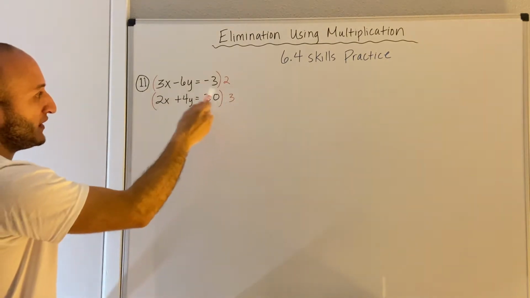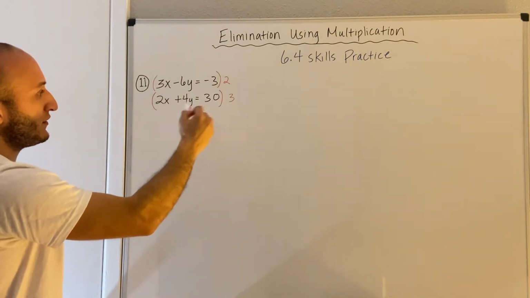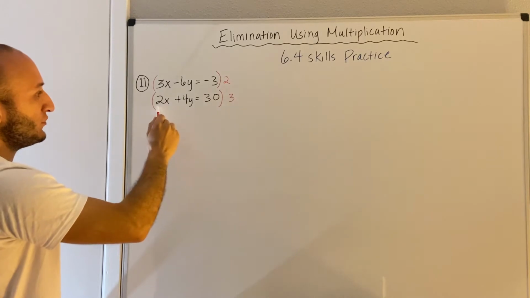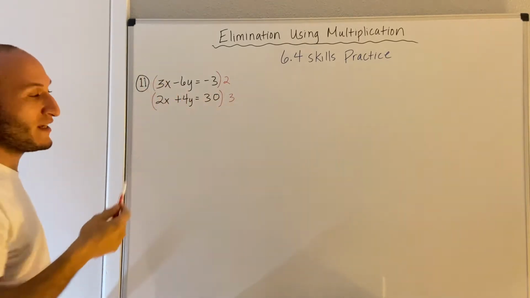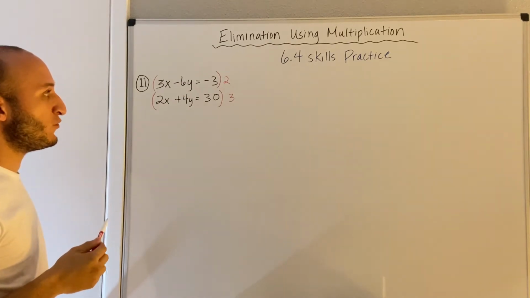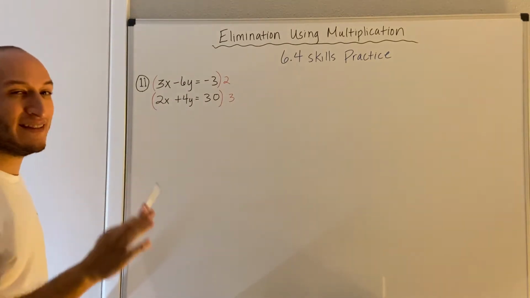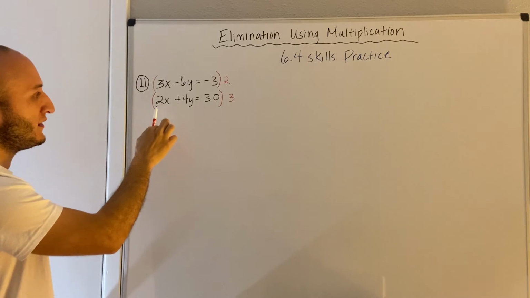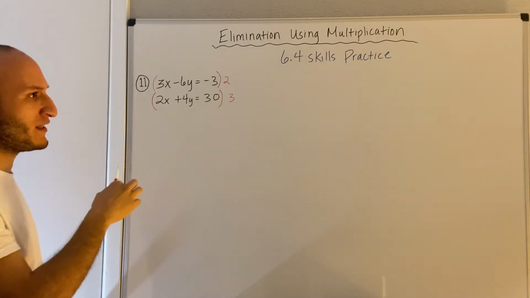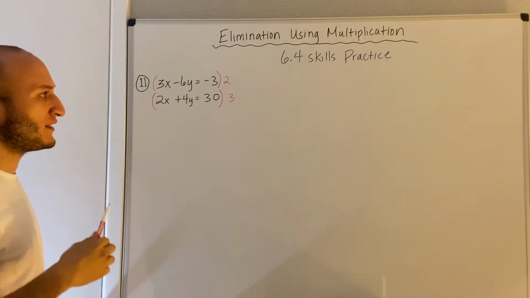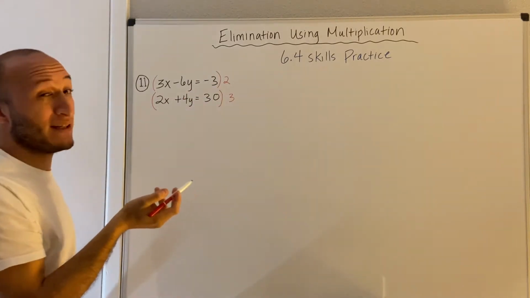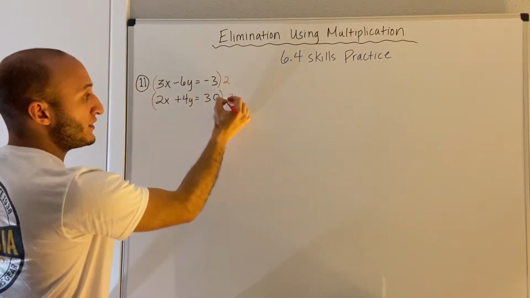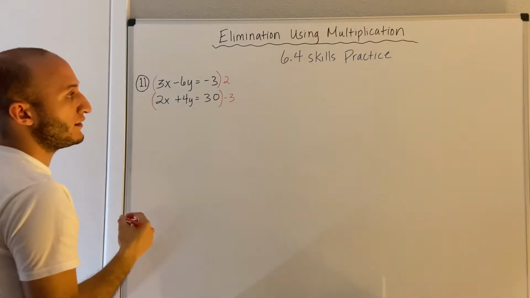Now, if I multiply this to each term here, I would get 3 times 2 is 6, and then I will get 2 times 3 is 6. So we'll get it in the form that we wanted, but we're not done yet, because 6x with 6x becomes 12x. I need it to become 0. So one of these has to carry a negative. I'm gonna put it on this 3, okay?